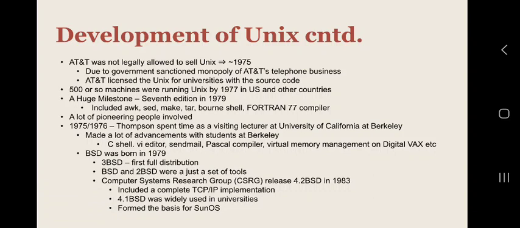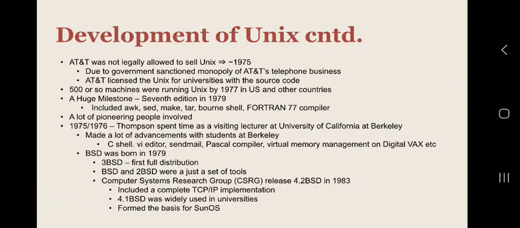And so 500 or so machines were running Unix by 1977 in the United States as well as in other countries. Then in 1979, they saw the release of version 7, and that was by far the best release of the Unix operating system. It included some of the very popular programs and tools that you even see today, like the awk programming language, the stream editor sed, make for compiling programs and so forth.